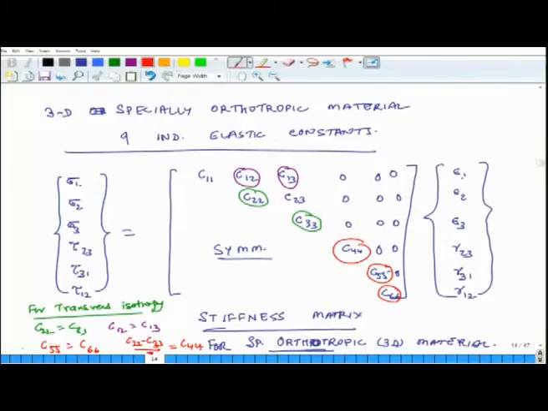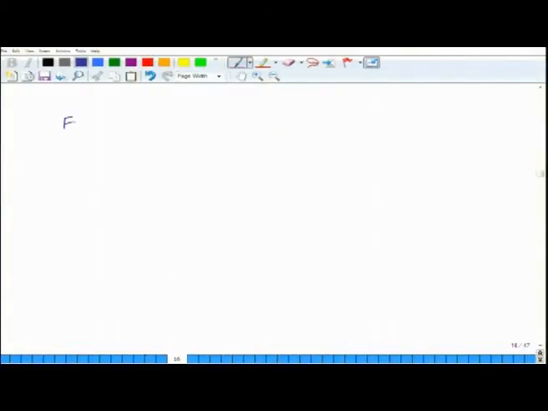So, in this case, how many constants do we have? 1, 2, 3, 4 constants, everything else is expressed in terms of others.